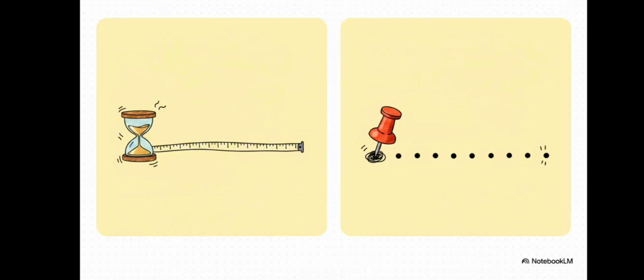On the flip side, we use since when we pinpoint a highly specific starting point in the past. Since 2 o'clock, since Monday, since I was a child. Basically, for measures the length, and since marks the start.